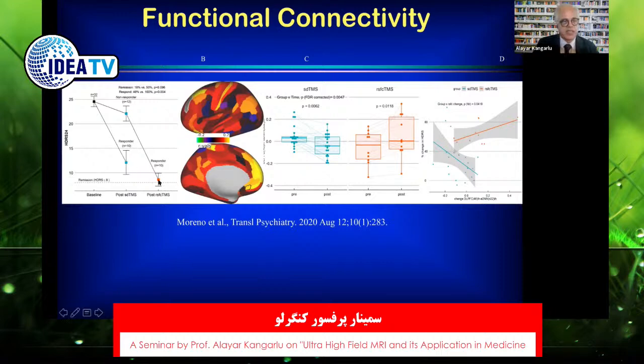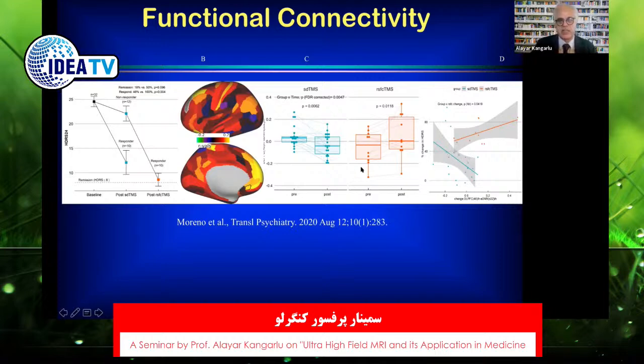So you can see that suddenly the same technique, but guided by functional connectivity, which allows you to target the particular networks and the relationship between the networks, can make an existing neuromodulation technology, the standard TMS, even more powerful. As you can see in the graphs on the right, we have been able to induce changes proportional to the change in the correlation between the DLPFC and the default mode network region of the brain.